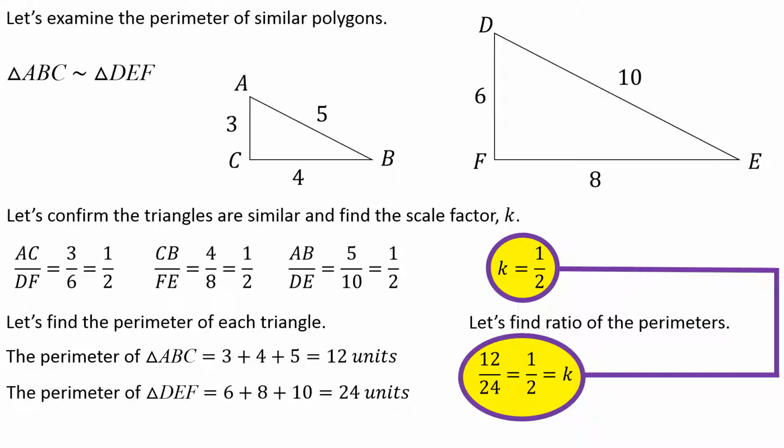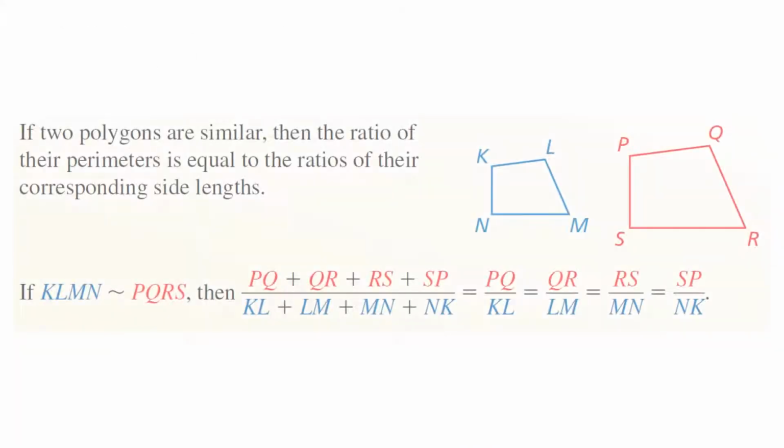Perimeter has the same scale factor as the sides. So there's your official definition, from the textbook: if the polygons are similar, the ratio of their perimeters is equal to the ratios of their corresponding side lengths, right? They're the same factor.